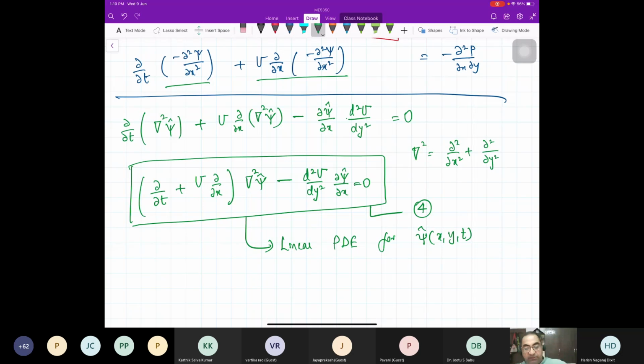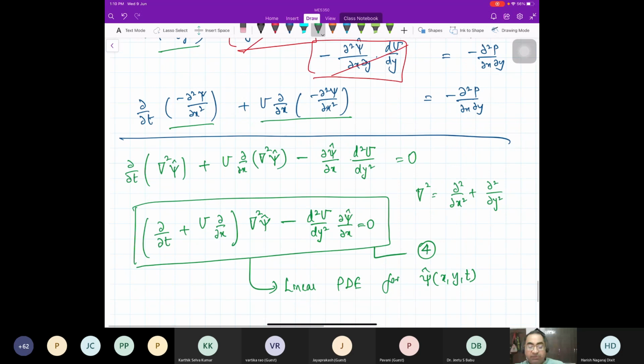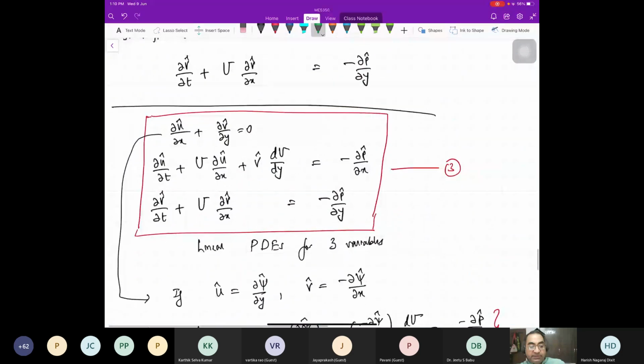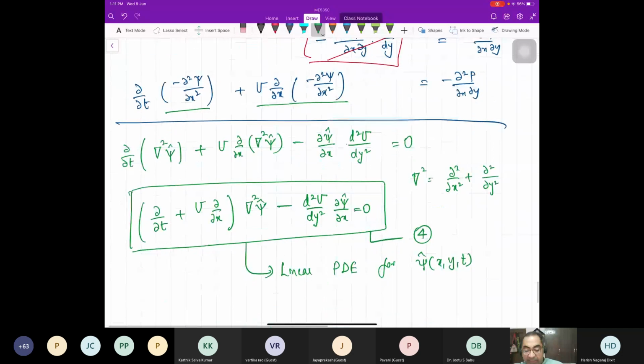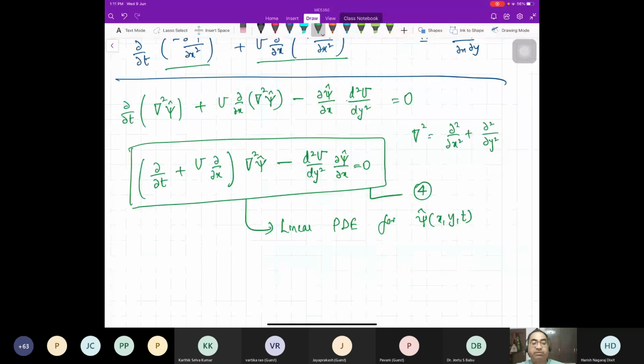But what is the sacrifice that I've made? If I look at here, these are all first order equations. There are no second derivatives, correct? But here I've got second derivatives, meaning I've gone from linear first order PDE to one single linear second order PDE. Okay, this is what I have, linear partial differential equation for one single variable. Now, what is the way in which you solve partial differential equations?